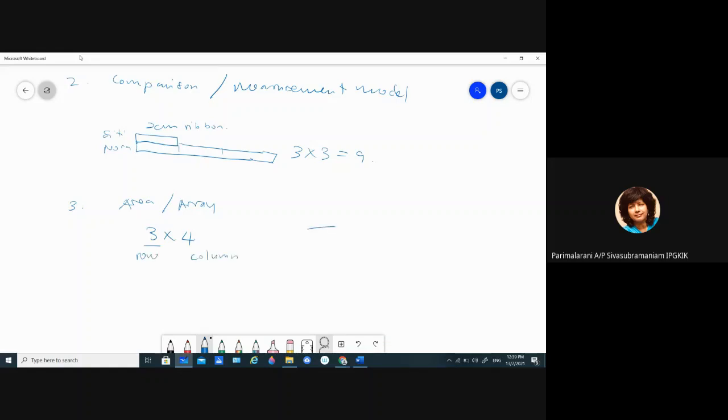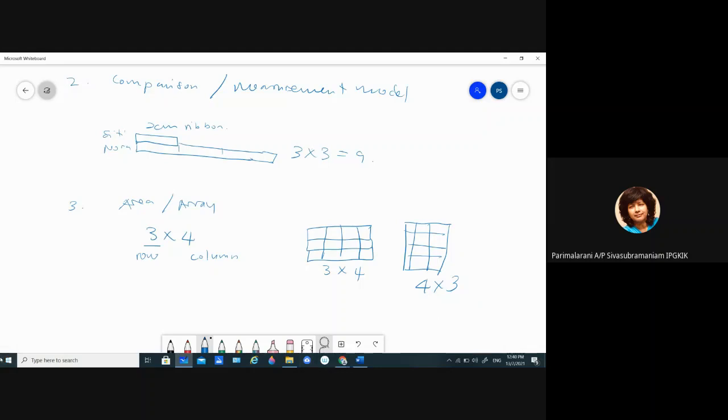You have 3 rows here, each row has 4 columns. If you drew 3 columns and 4 rows, this will be 4 times 3. That's the difference between 3 times 4 and 4 times 3.